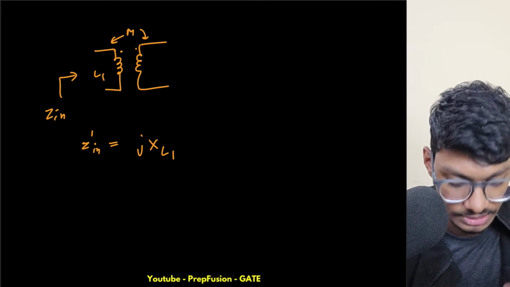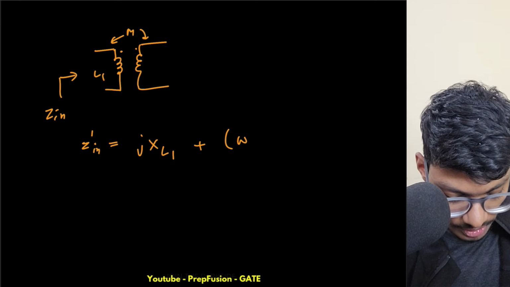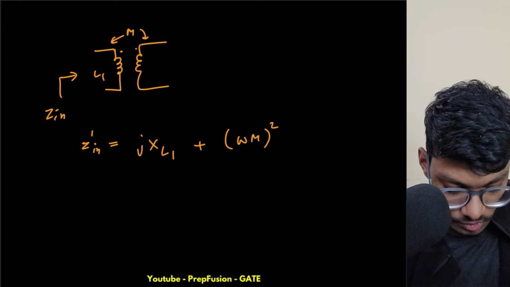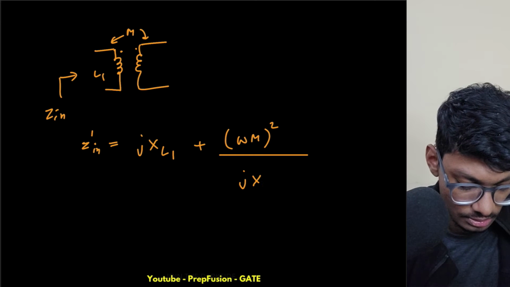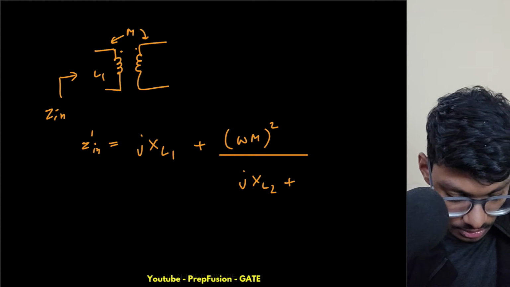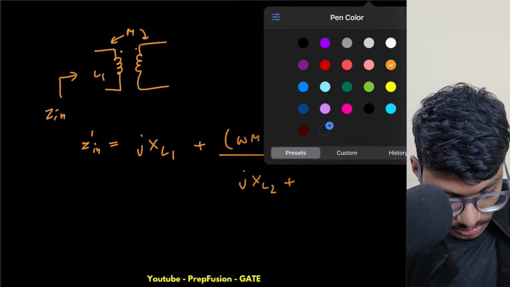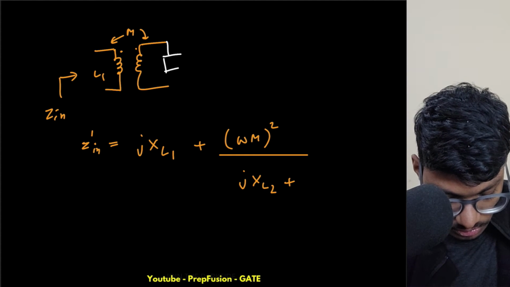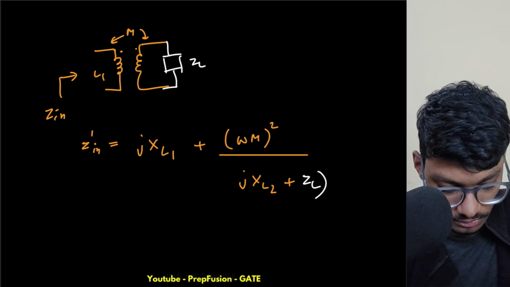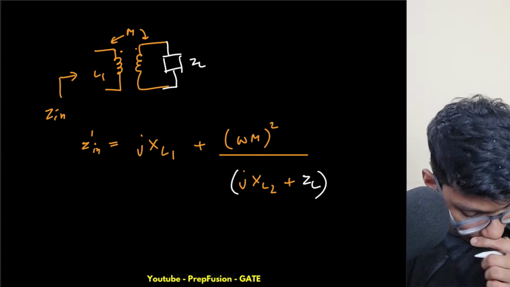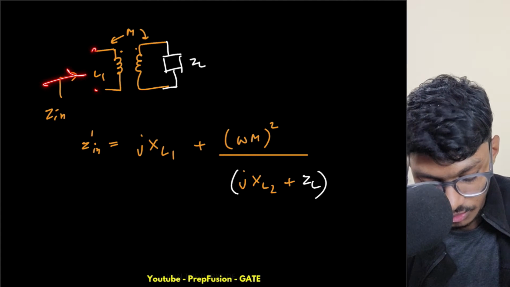This is a huge derivation, obviously we don't have time for this. So this will be (omega M) whole square divided by j XL2 plus, if some impedance ZL is also connected over here. So this will be my looking-in impedance at this terminal.